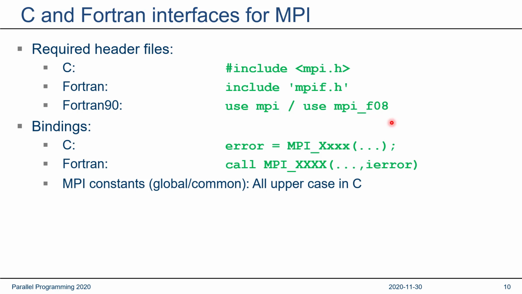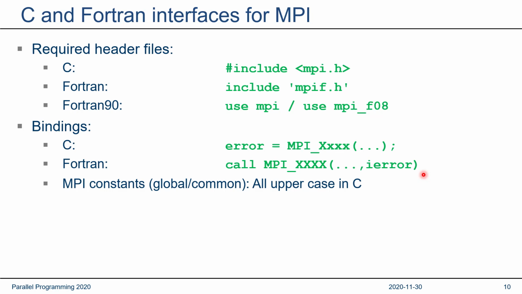The way you call the functions is a little bit different between C and Fortran. In C, most of the MPI functions return an error code as a return value, while in Fortran, the error code is part of the argument list as an output argument.